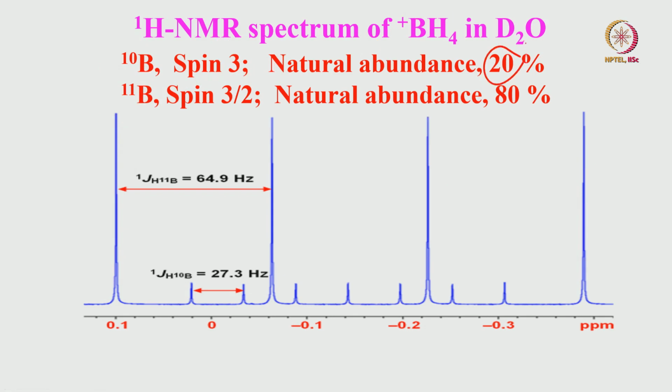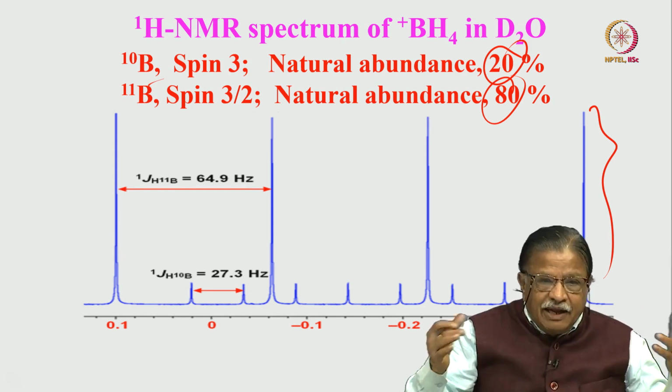But the intensity ratio is 20:80. See, boron 10 intensity is small, it should give 7 lines of intensity at least 1/4 of the bigger line. Both the isotopes, boron 10 and boron 11, are individually coupled to the proton.